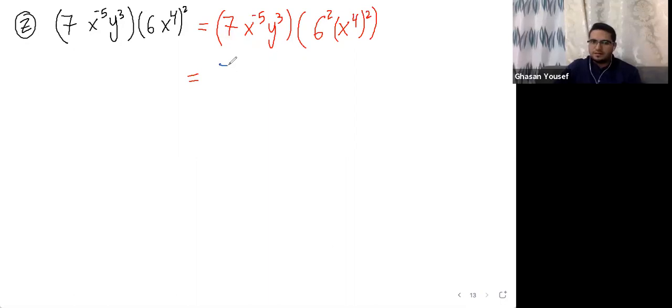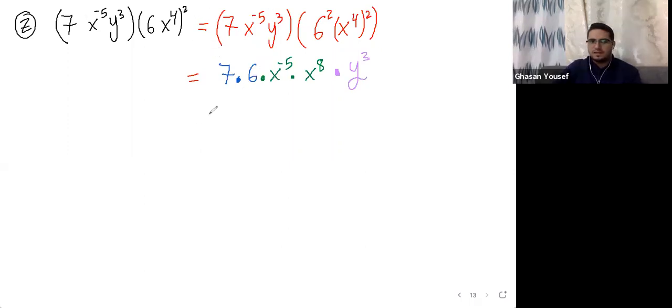So I have here 7 times 6, this 6, and x to the power minus 5 times x to the power 8, and the last one is y to the power 3.